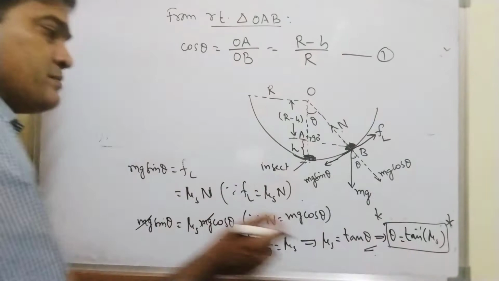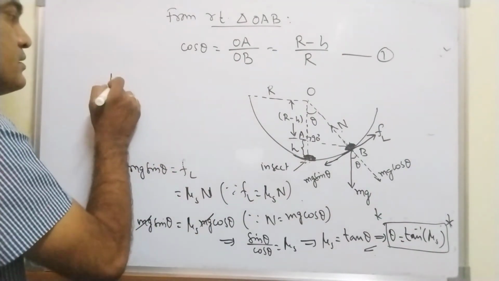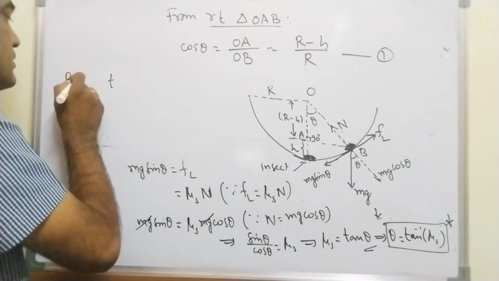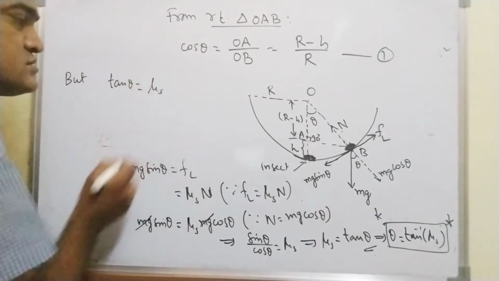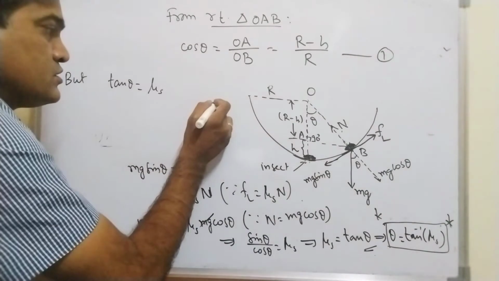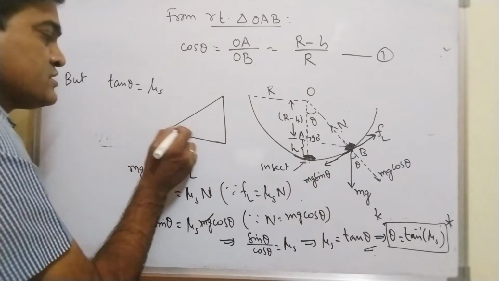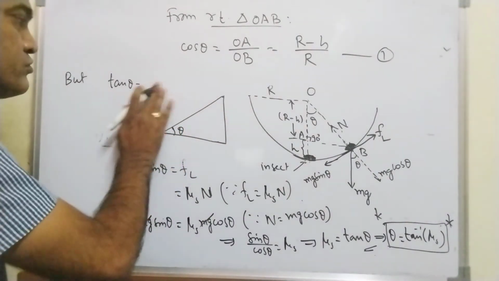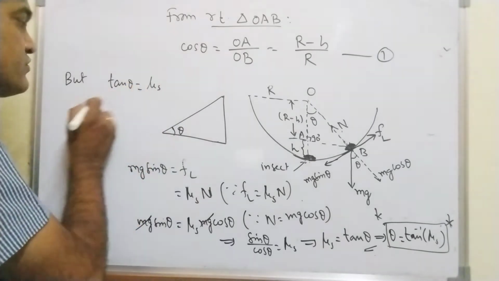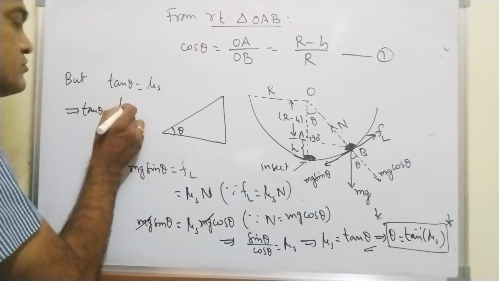Now from this, let me take, what is it of tan theta we got? Tan theta is equal to mu s, is it not? So from the right angle triangle, if I take this as theta, tan theta is equal to mu s, which implies tan theta is nothing but mu s by 1.